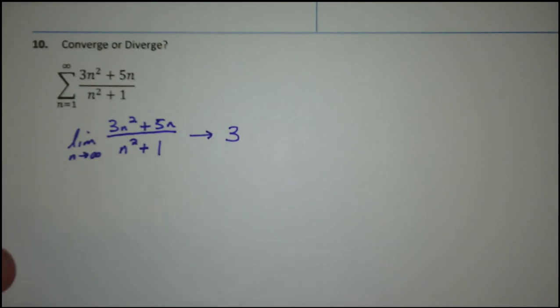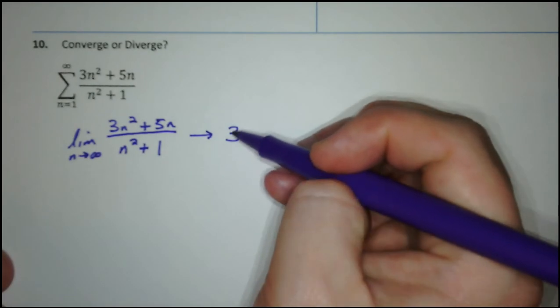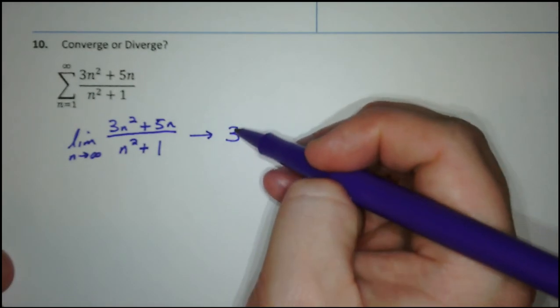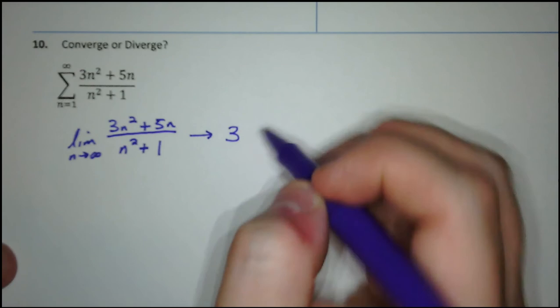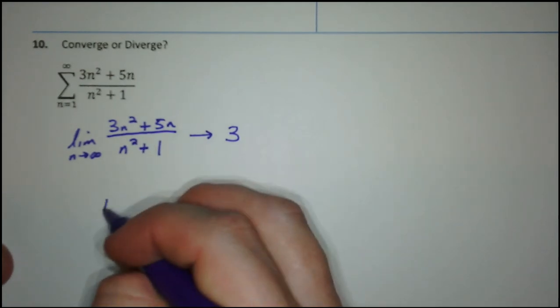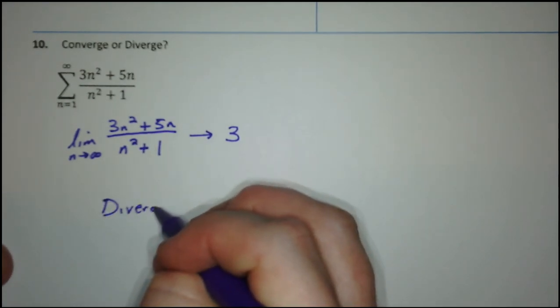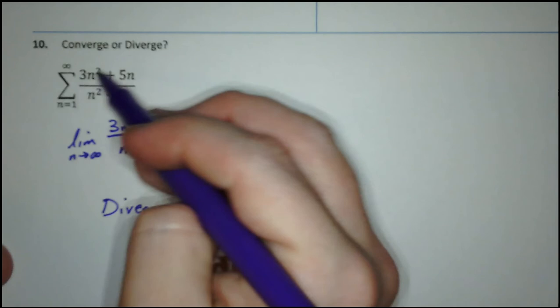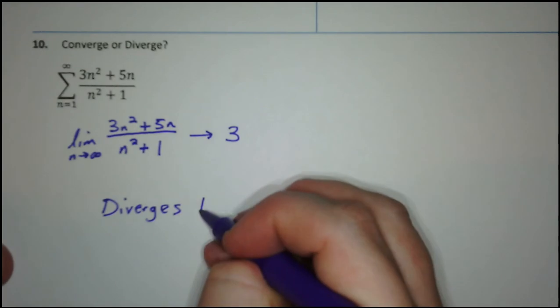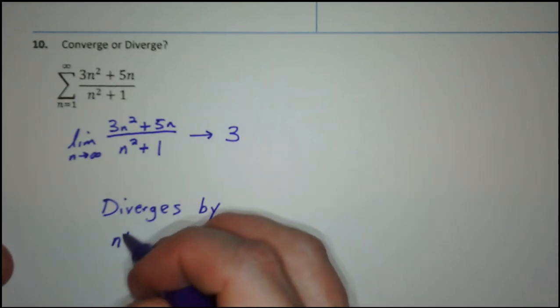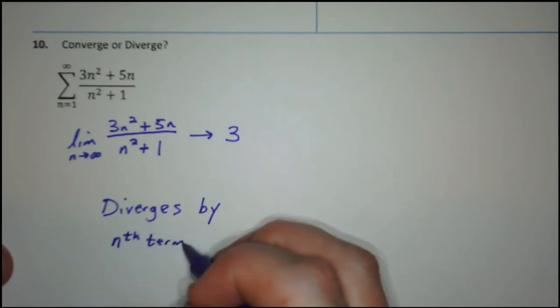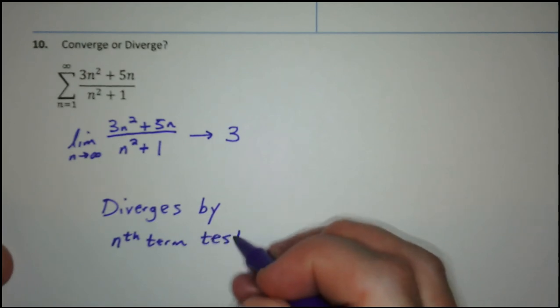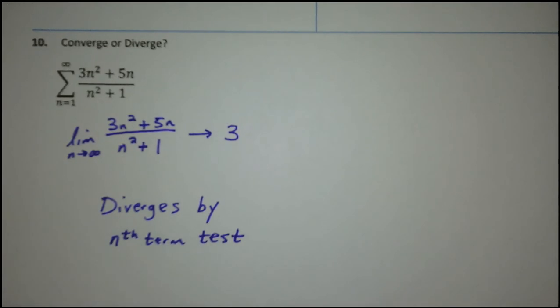If the terms themselves are limiting to 3, like they're not even limiting to 0, they're limiting to 3, then that right there is a deal breaker. And we can just go ahead and say that this series diverges by nth term test. That's right. Don't forget about the nth term test.